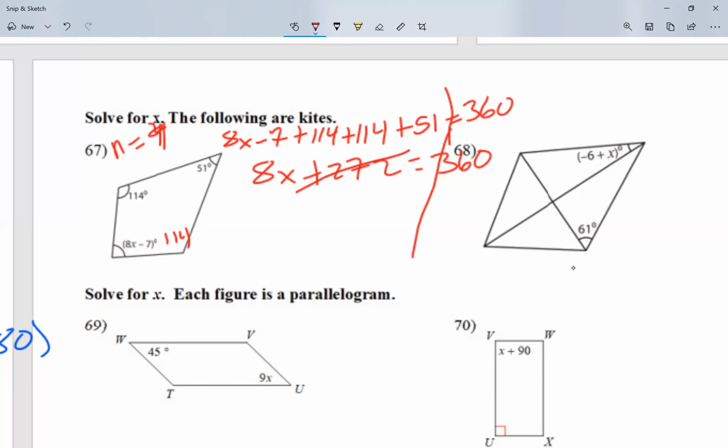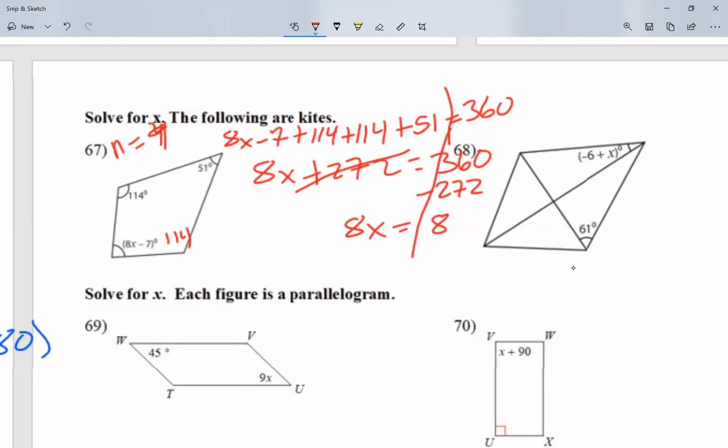The plus 272, let me move it over to the other side. I say minus 272. So I have that 8x is equal to 88. Right, 360 minus 272, that's 88. To get x by itself, let's divide both sides by 8. So x equals 11. All right, that was not bad.